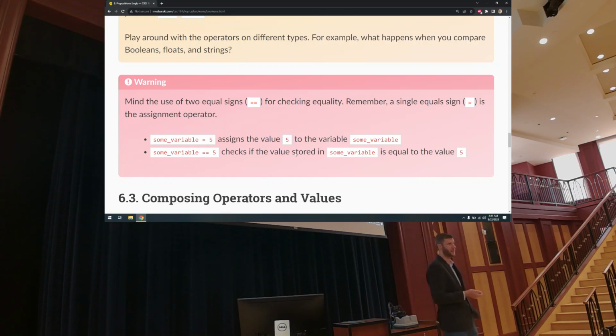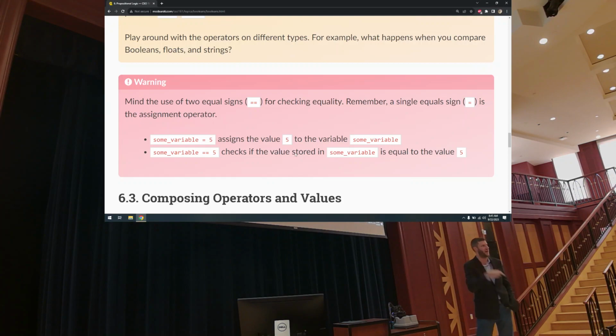Two very different things. If you wrote the first one and thought you were getting a Boolean, like a comparison, and you were expecting some value like true or false to come back, but in the end it didn't give you back a value, it stored the value 5 in some_variable, thereby obliterating whatever value was in some_variable, we're going to have an issue.